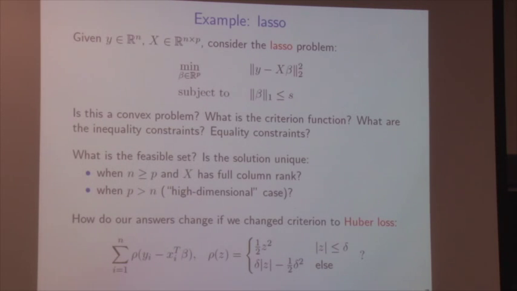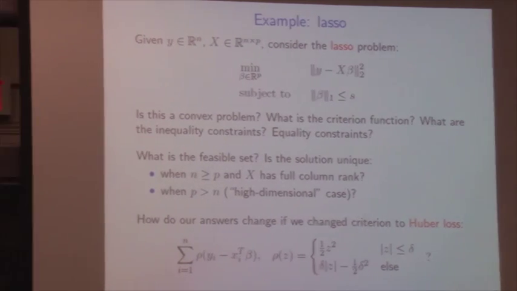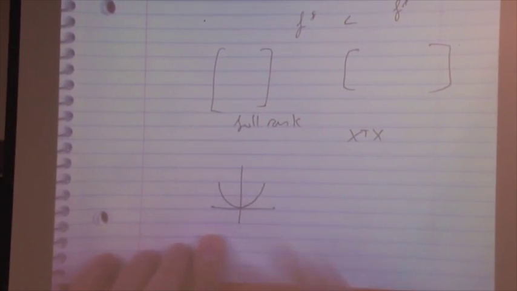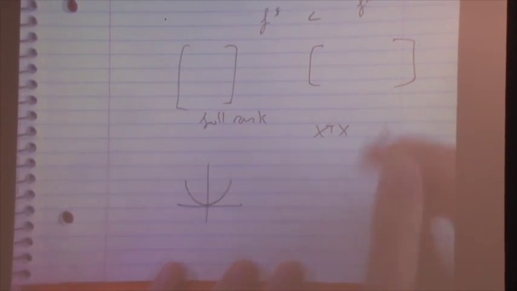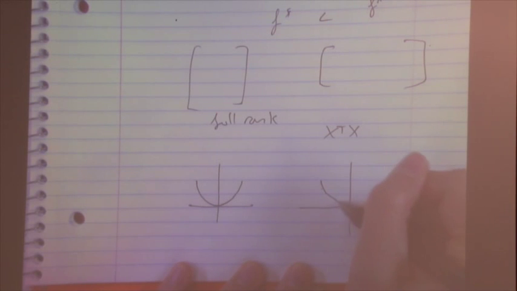Okay, so let's change our objective function. We're going to change it to this Huber loss, which probably none of you have seen. So before we had this quadratic-y thing for our objective function. The Huber loss is going to be quadratic between delta and minus delta, and then it's going to be linear beyond.